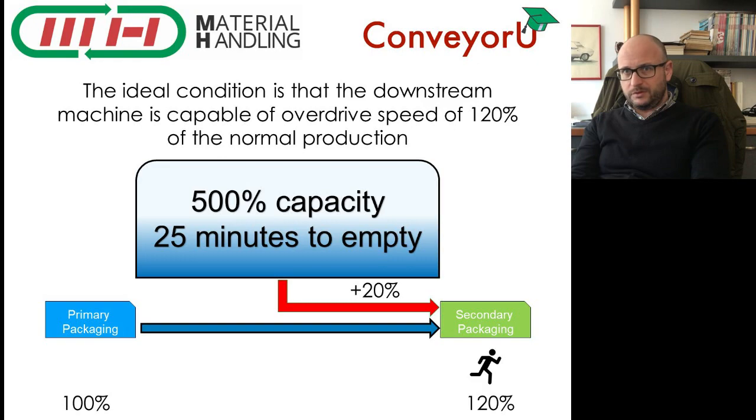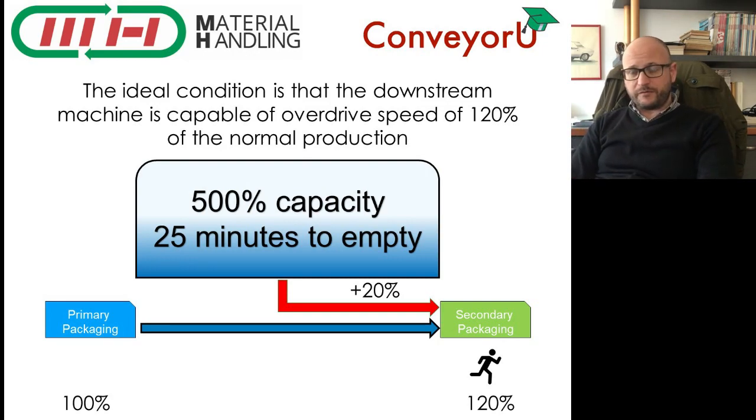So you have 100% of the production coming from above, from the upstream line, and the buffer is able to keep up to 500% of this capacity for 5 minutes of production, and the downstream machine is capable of handling 120% of the production rate.